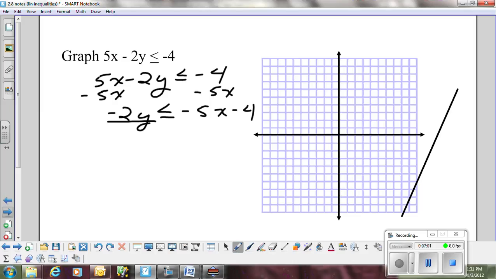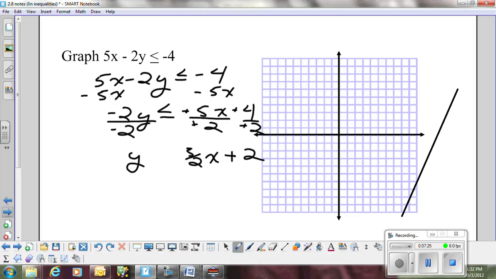I'm going to divide by -2. So I get y, and on this side, negative divided by negative gives me positive, so I get 5 halves x. Negative divided by negative, so it's plus 2.